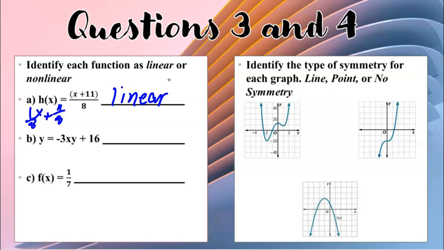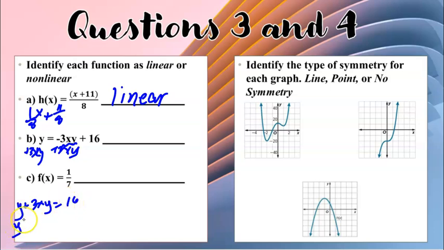Letter B, y equals negative 3xy plus 16. Because I have this x times y, I would have to get the y's all together, then factor out a y, and then my final step would be to divide by x. So I would get this plus 3xy to the other side. Now I have y plus 3xy equals 16.